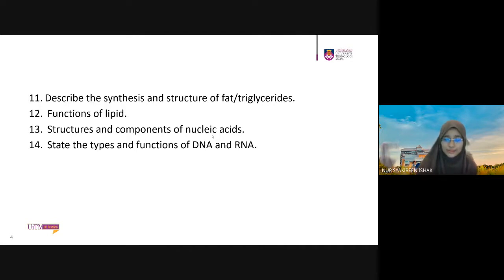It depends on the function of that organ. So what is the function of that organ? It will use only the instructions from the DNA that determine the function of that organ. So this one, the detailed process of gene expression, we are going to look at in semester 2, which is in the chapter of genetics.